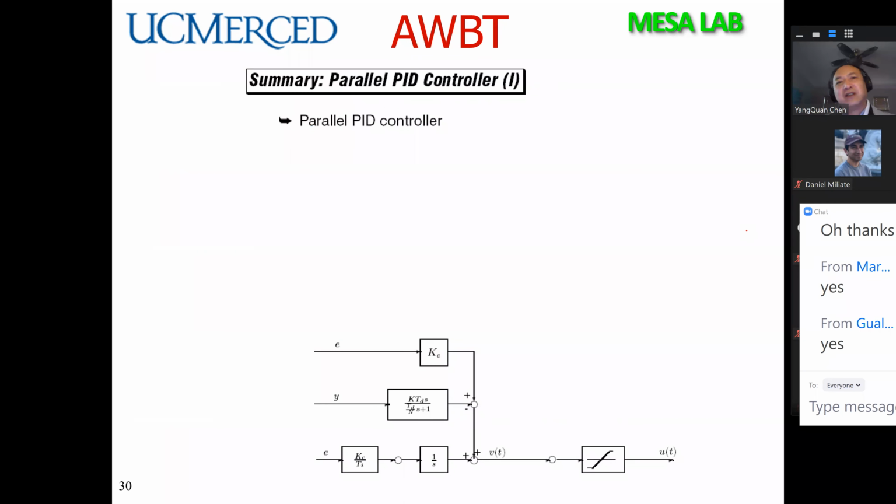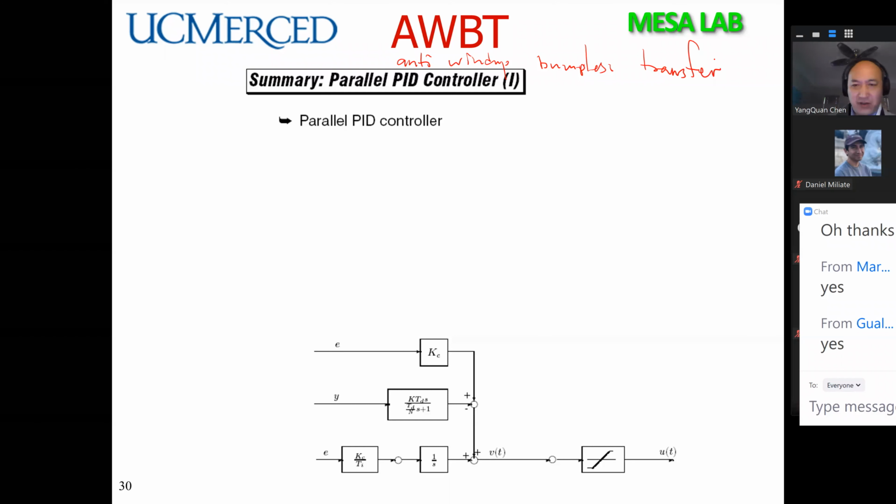So in summary, what is A? Anti. What is W? Windup. What is B? Bumpless. What is T? Transfer of different modes. I'm going to show you how we do that. Basically, this is a PID control with a practical D, but without an anti-windup mechanism.